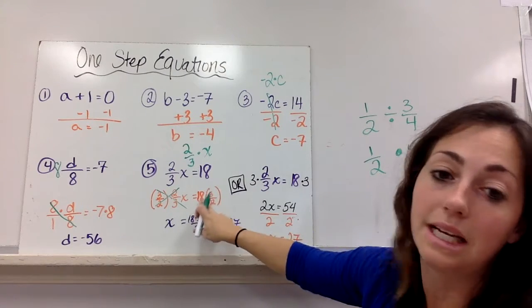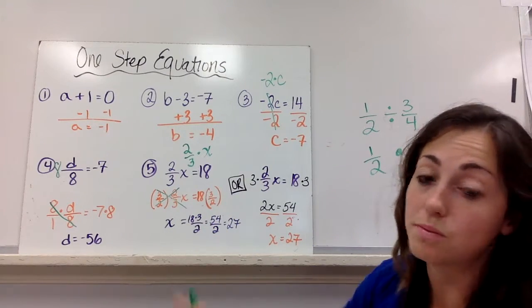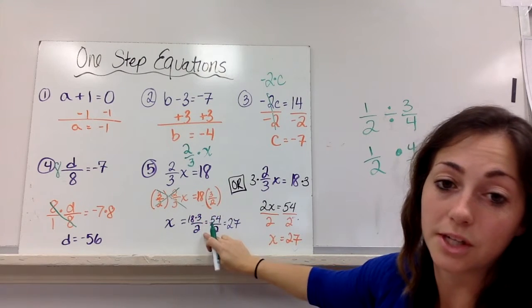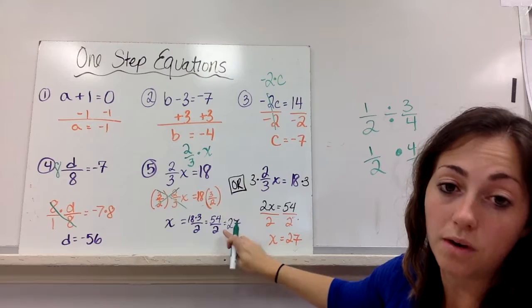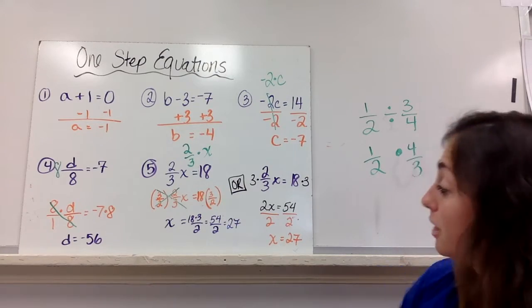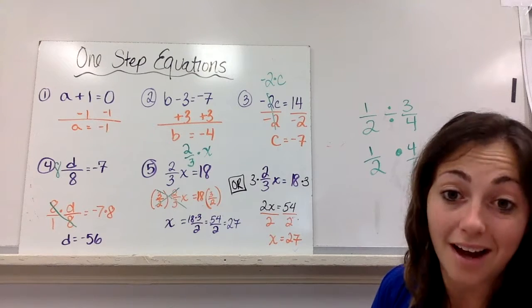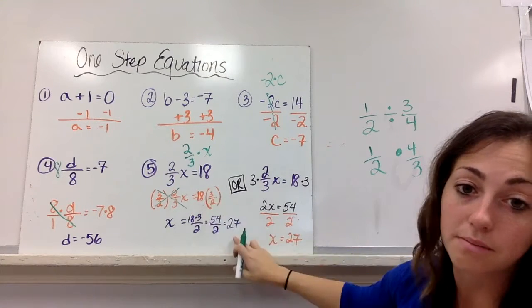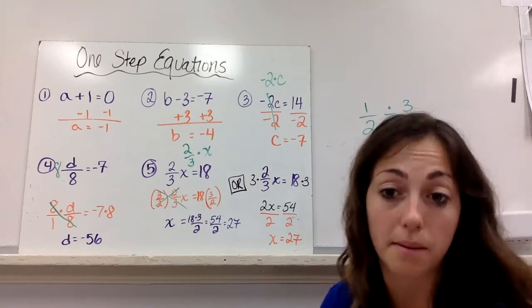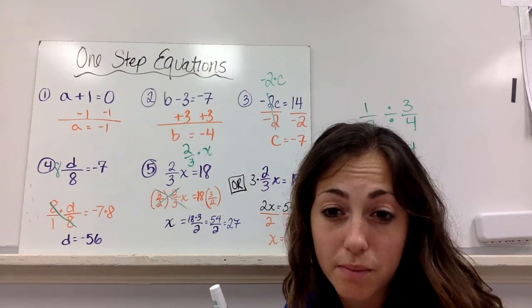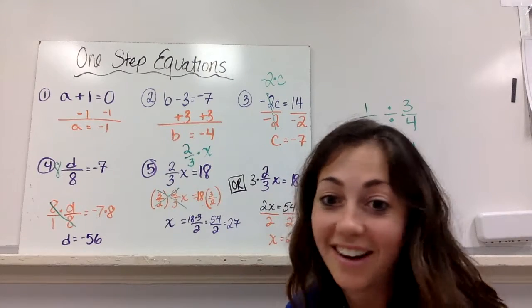So I have 18 times 3/2, which means you do 18 times 3 divided by 2. 18 times 3 is 54, divided by 2 is 27. You could also do 18 divided by 2 first, which is 9, and 9 times 3 is 27. Sometimes with big numbers, it's easier to divide first. I say multiply when I want to say divide.